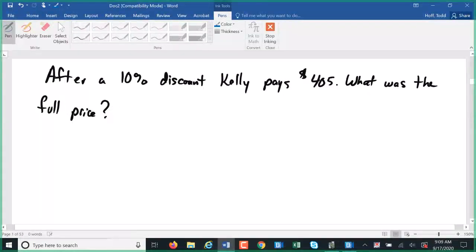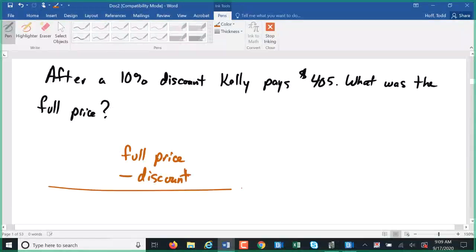So again, this is a percent decrease problem. We started setting up the table above. We have an initial amount. In this case, that's the full price. We're going to subtract that decrease. In this case, the decrease is a discount. It could be a markdown for a price reduction or any other thing. And then down here we have the amount paid.